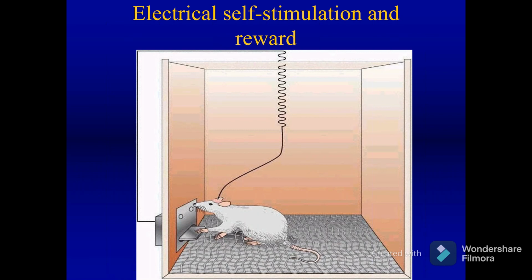He will try not to press this lever because this rat now understood that if he presses this lever, then some kind of displeasure will happen.